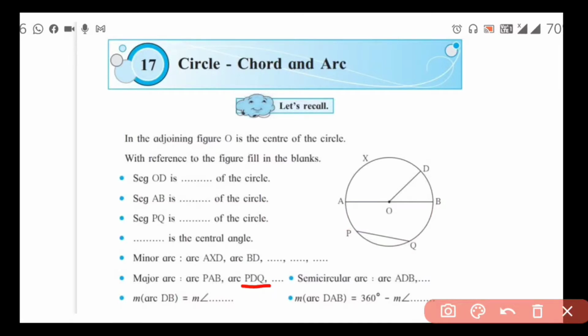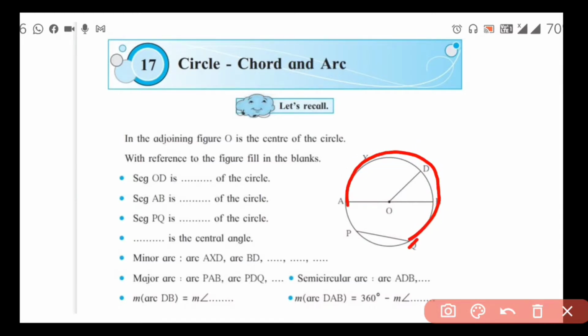Arc PDQ is also given to us, which is bigger than a semicircle. We have to write one more arc. So we can write anything. We can start from P, or we can start from Q, or we can start from A also.